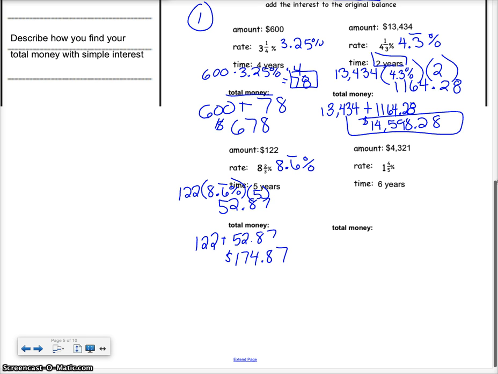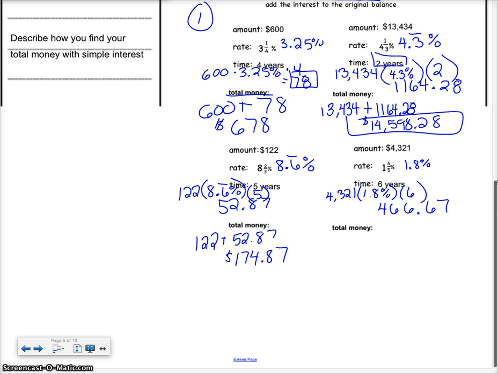And last one. So 1 4/5%, 4 divided by 5 is 0.8, so this is 1.8%. You plug it in, 4,321 times 1.8% times 6 years. 4,321 times 1.8% times 6 equals, rounded, $466.67.